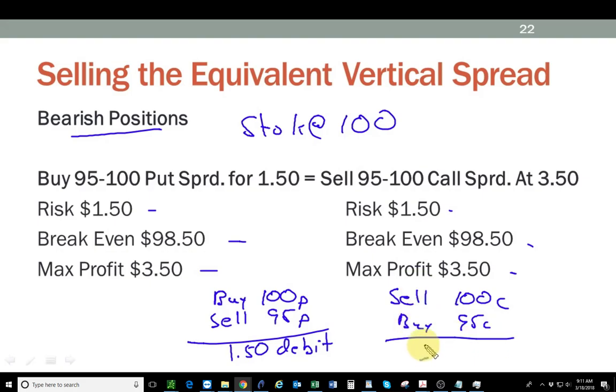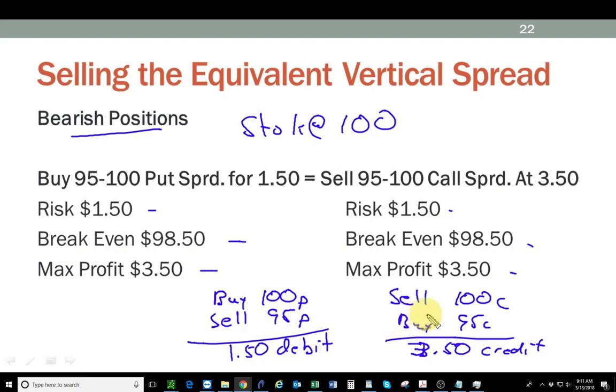And again, what does this equal? So you're selling the spread, and it equals a $3.50 credit, but it actually aligns, apologize, that's a 3. It actually aligns identically to the other spread. They're just the inverse. Call spreads and put spreads are interchangeable.